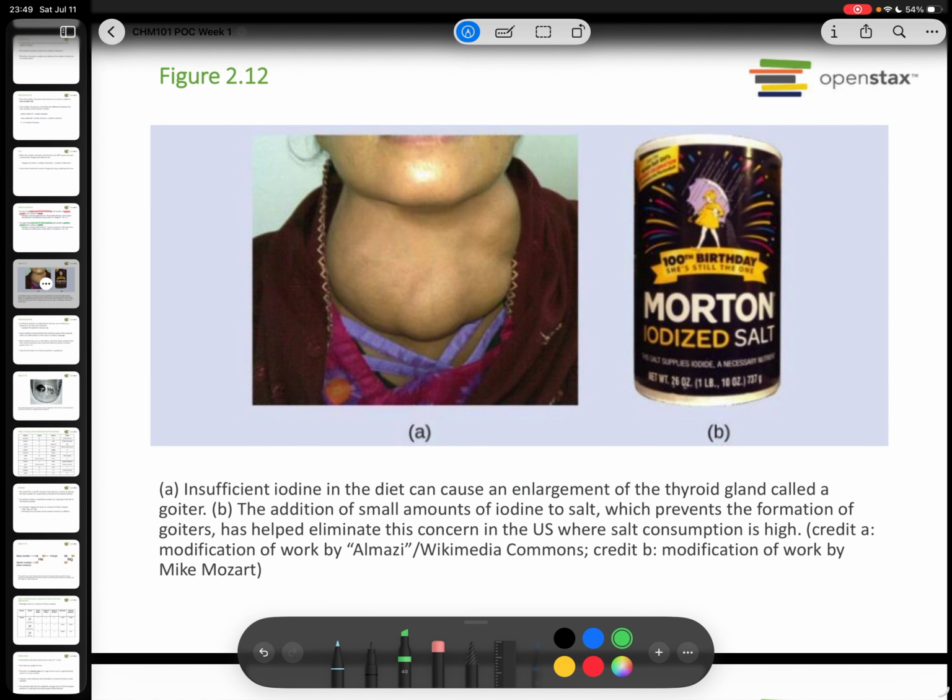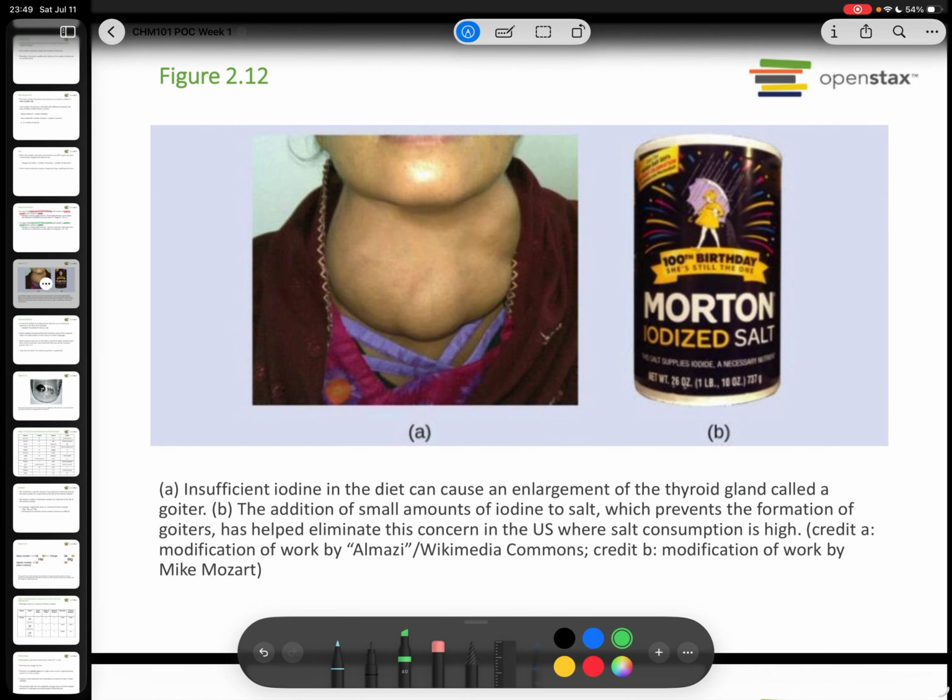So, this figure connects ions and isotopes to help, no? Iodine is needed for thyroid hormone production. A lack of iodine can cause enlargement of the thyroid gland, called goiter, no? May mga goiter, mayroong lack of iodine.